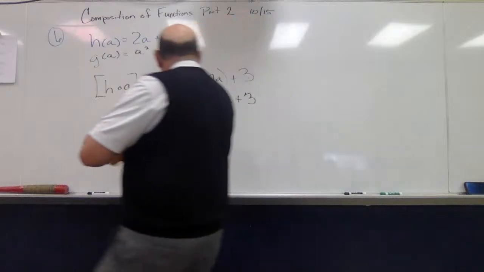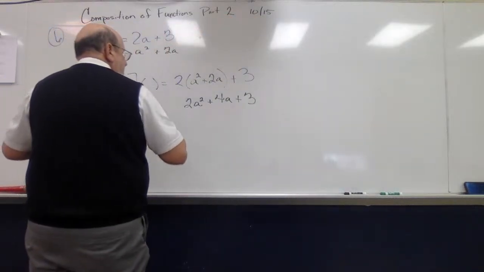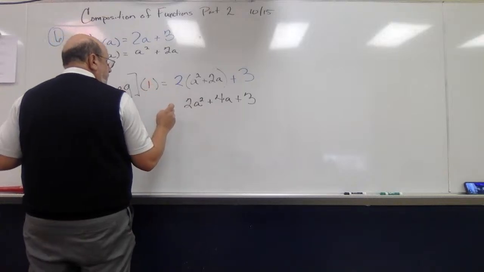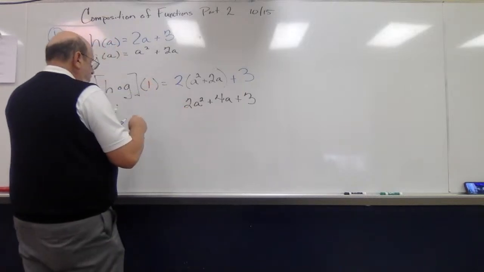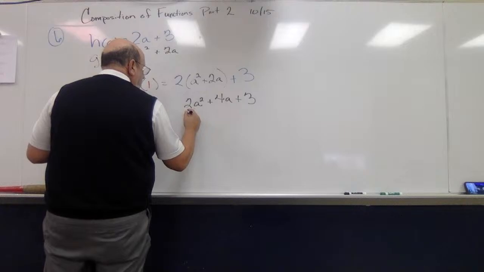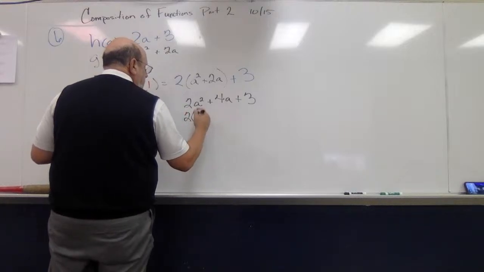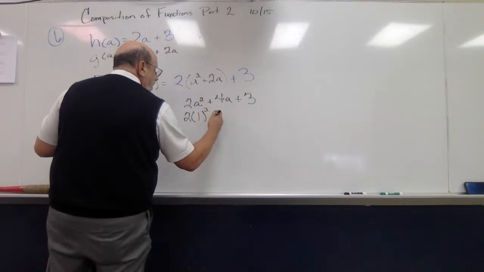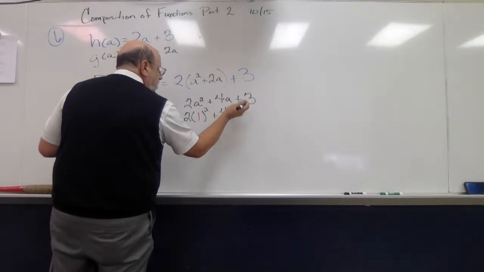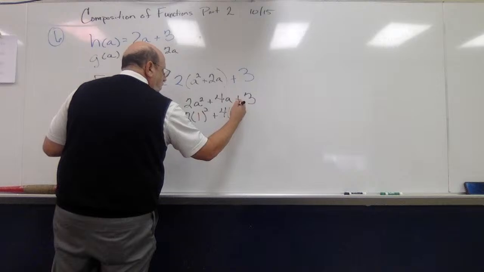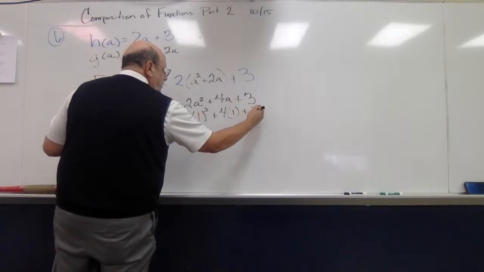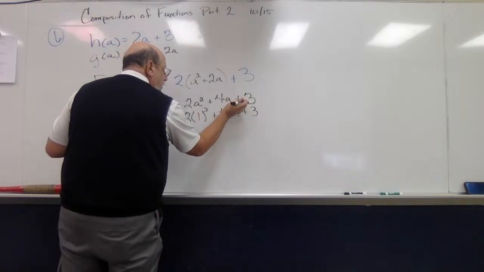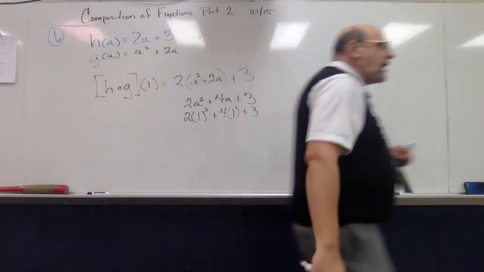So I'm going to make that a 1, so that when I do this, it's 2 times 1 squared plus 4 times 1 plus 3, right? So it should look like that.